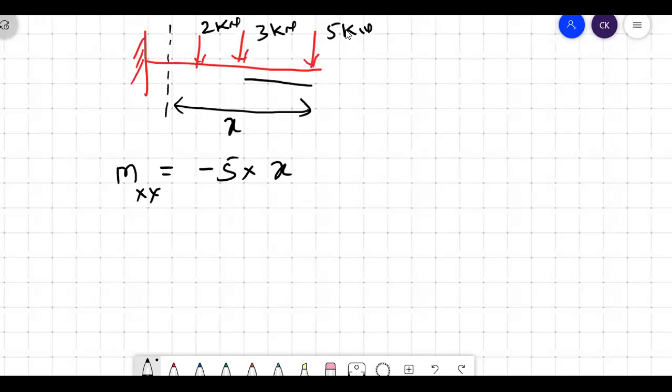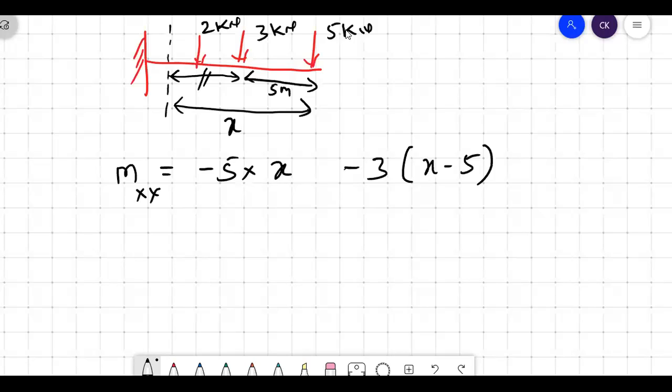And next, I need the force 3 and the distance here. I can find that distance by substituting x minus 5.